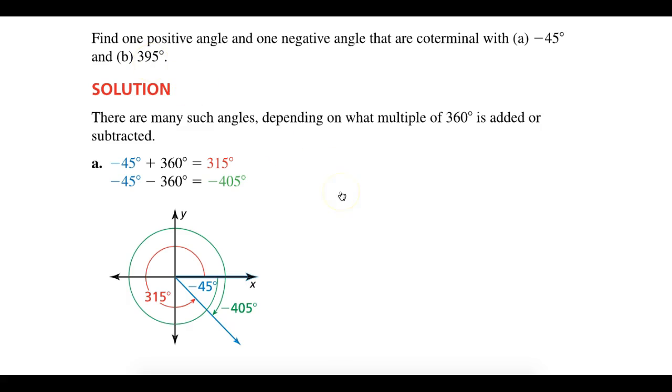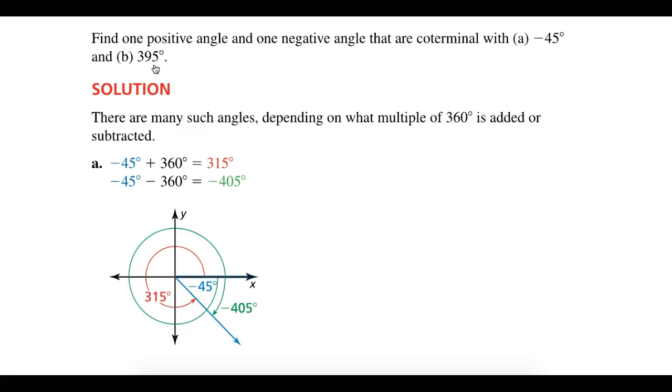So the positive one's easy. If we take 395 and we add 360 to it, then we get 755. That is a positive coterminal angle. If we subtract 360, 395 minus 360 is 35.